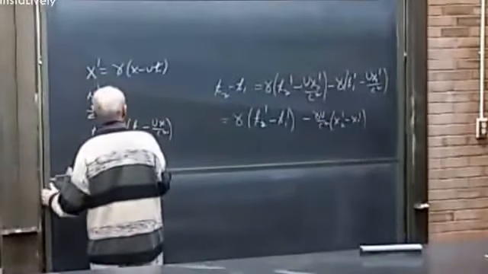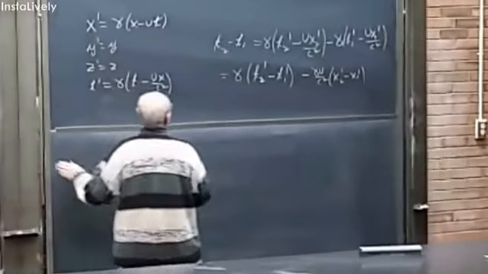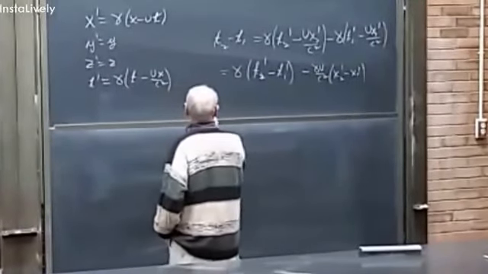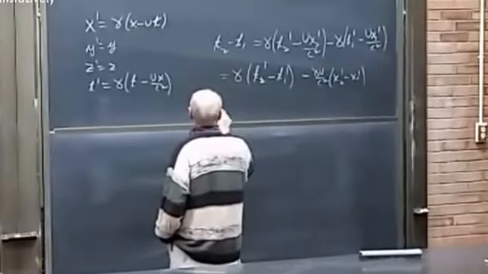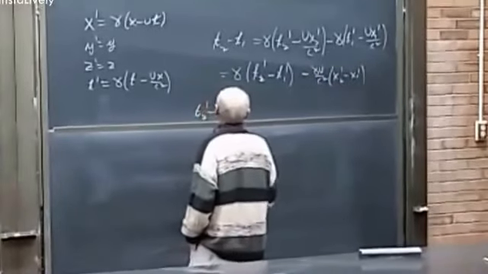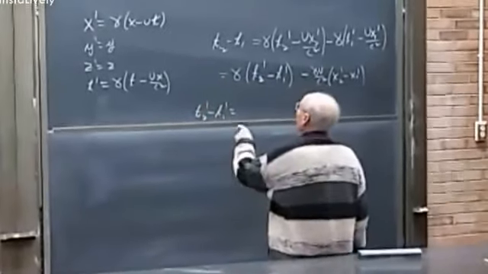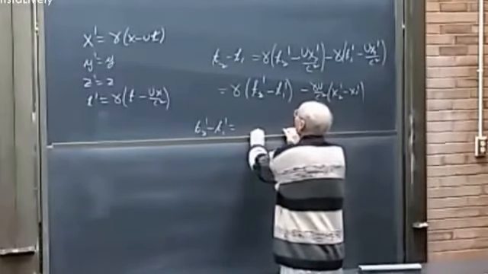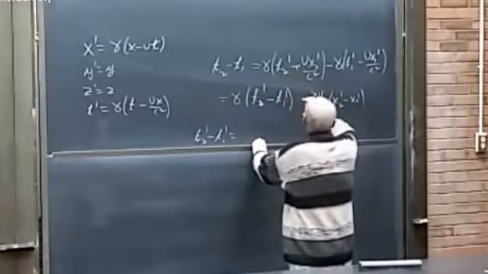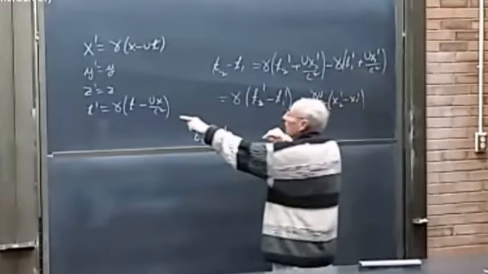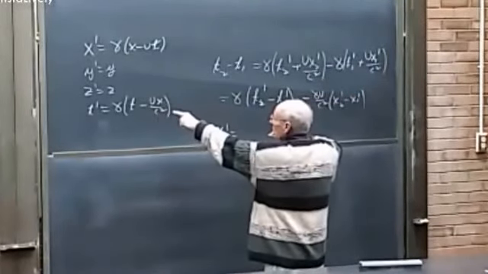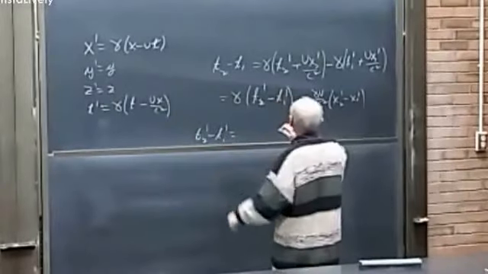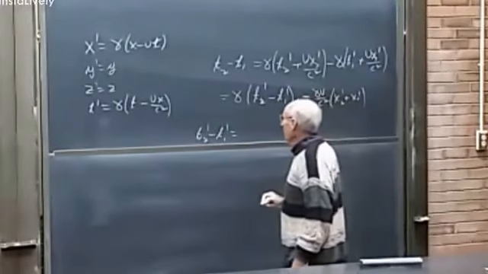But of course, I could have done it the other way around. I could have done T2 prime minus T1 prime. These things shouldn't have a plus sign, because when I reverse them and do the t's, you get a boost in the opposite direction, so that's a plus.